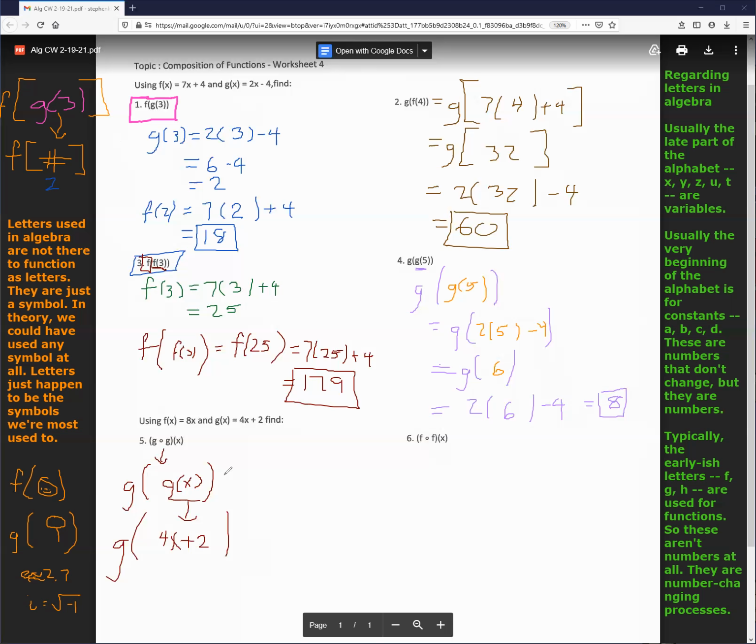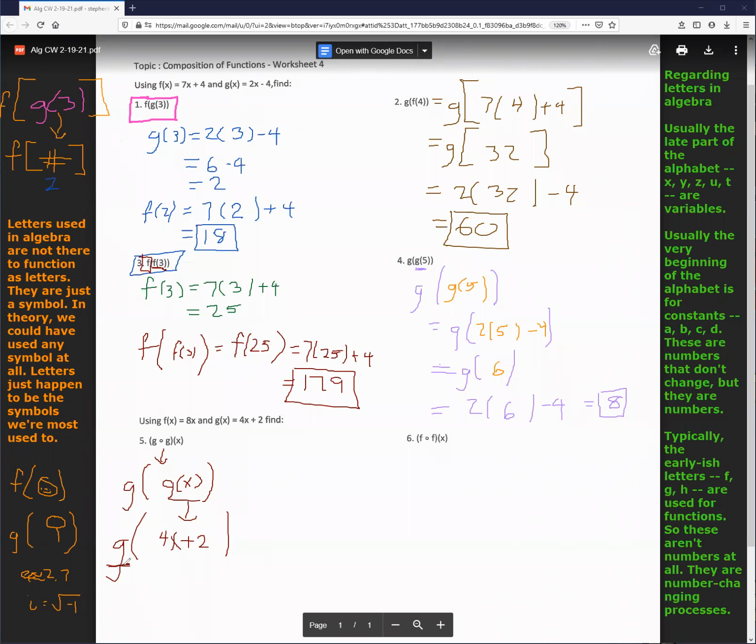Or if you prefer, when you feed an x into the parentheses, what do you get? Well, you get 4x plus 2. So obviously that's a little silly to write, but yes, that would be a way to think of it if you really wanted to. So 4x plus 2, and now we're going to do g of that.